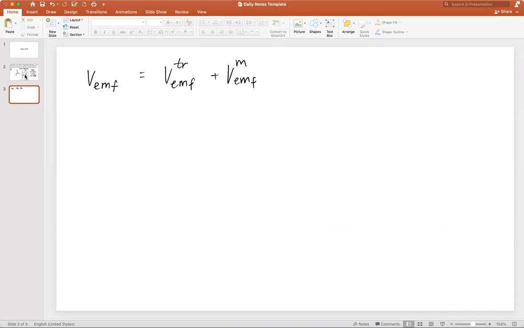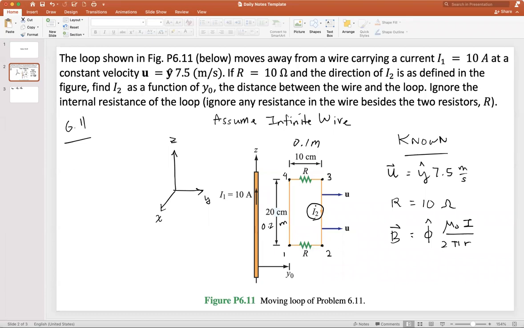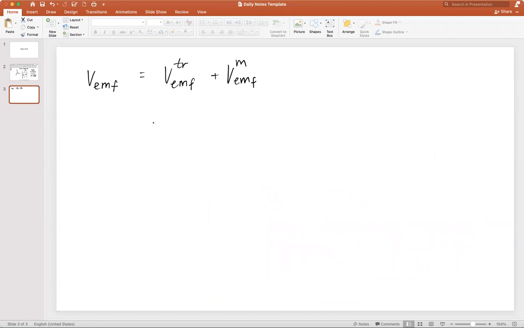Because this loop of wire is moving away from the current carrying wire, but we don't have a changing magnetic field, let's use the equation for the motional EMF. Consider this to be 0. And then we'll solve for this by taking the cross of the velocity and the field, dotted with dL.